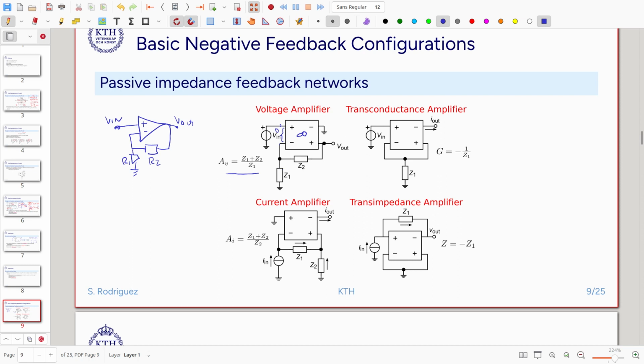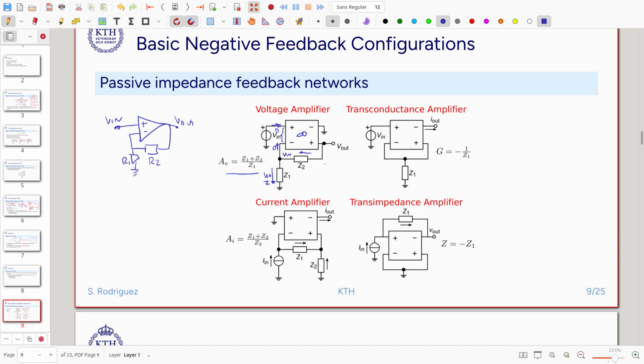Then we can easily do calculations here. The voltage here will be V in. This V in will produce a current that flows through Z1. There is no current flowing here, so the current flowing here is 0. But the current flowing here is also 0. So all this current, V in divided by Z1, has to pass through this component also.